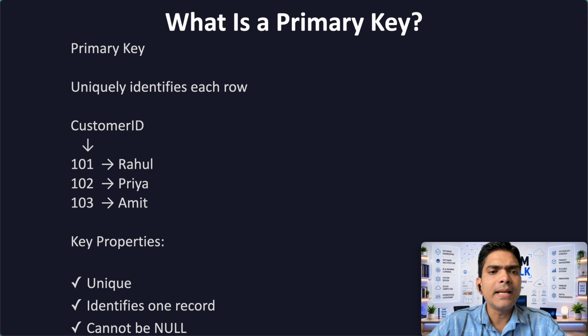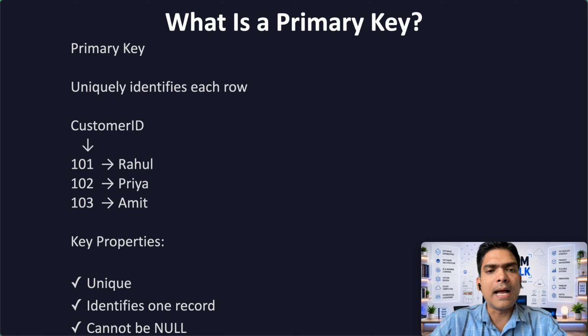The primary key is a column or sometimes a combination of columns that uniquely identifies each row in a table. In our example, customer ID can be the primary key. Customer 101 is Rahul, customer 102 is Priya, and customer 103 is Amit.